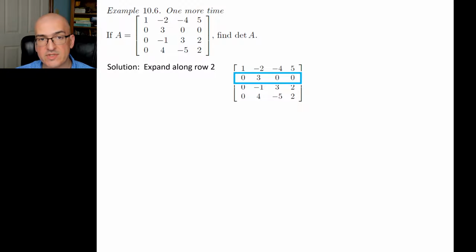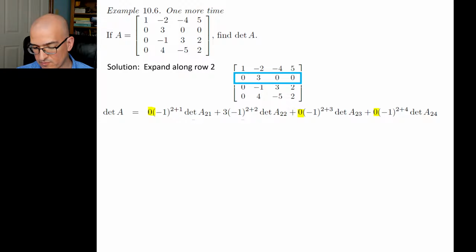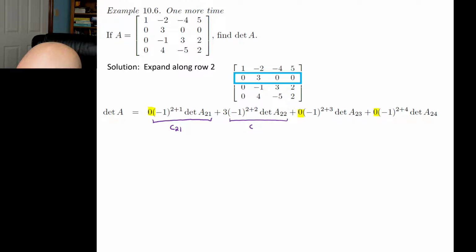So to show you what happens if we pick the second row, we would have 0 multiplied by that cofactor plus 3 multiplied by the cofactor C22, 0 times C23, and 0 times C24.